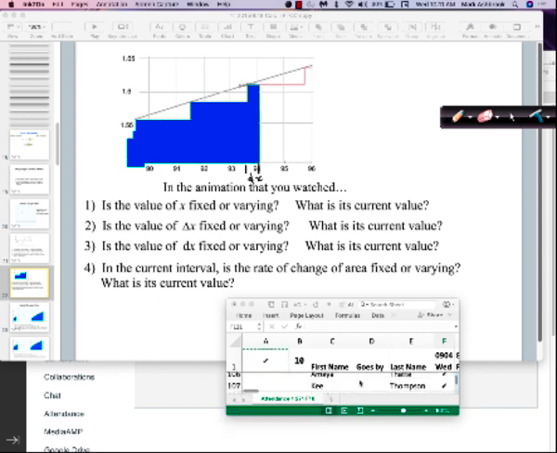Where is Key? Tell me, Key. In the current interval, is the rate of change of area fixed or varying? Fixed. You agree? Yeah. So this is the whole point, that in these delta x intervals, we made steps, right?